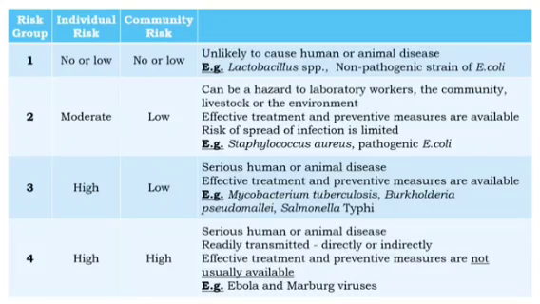Risk Group 4 organisms have high individual and community risk, and they can cause serious human or animal disease, which may be readily transmitted directly or indirectly, and effective treatment or preventive measures are not usually available. Example: Ebola and Marburg viruses.